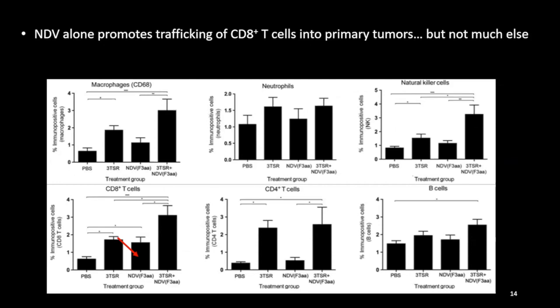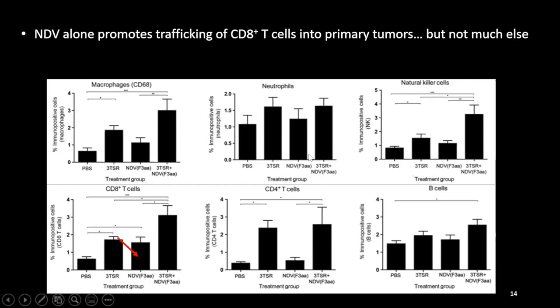And in these sets of experiments, also assaying the primary tumor, they're looking at the migration of immune cells into the primary tumor. And so here we're looking at macrophages, neutrophils, NK cells, as well as several lymphocytes like the B cells and your CD4 and CD8 T cells. What's indicated in this bar here is that with the oncolytic virus alone, CD8 positive T cells were increasingly trafficked into the primary tumor.